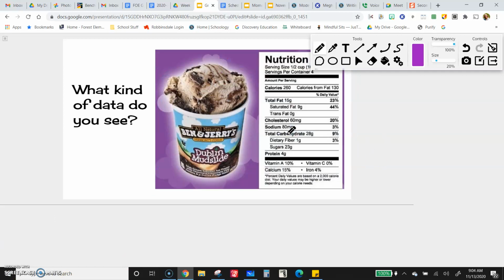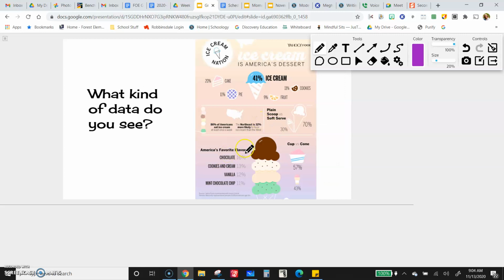That's data. Here we can see some different amounts of ingredients in a serving. That's data. Here we can see the percents that like different flavors, or the percents that like different desserts. So all different types of data where they've asked people questions and gathered information about them.